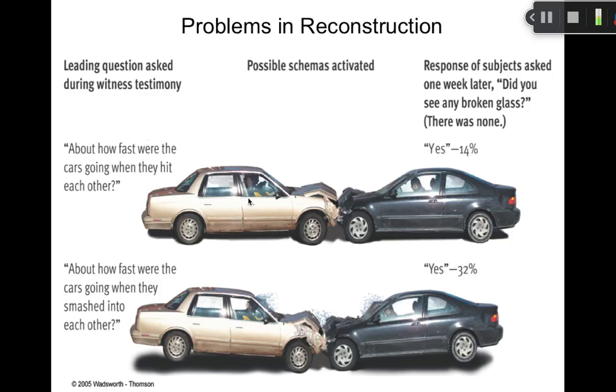Then the manipulation was that a so-called attorney, I guess, asked a so-called leading question to the group. One group was asked how fast the cars were going when they hit each other. The other group was asked how fast the cars were going when they smashed into each other. So the difference is just this one word, hit, smashed.